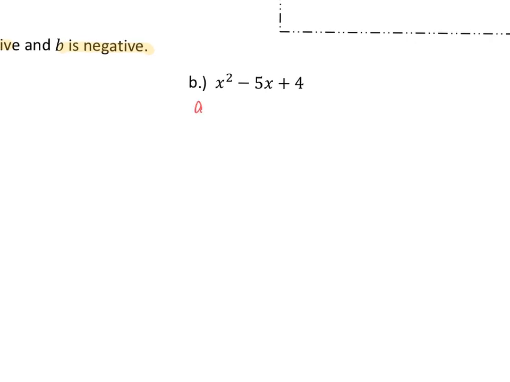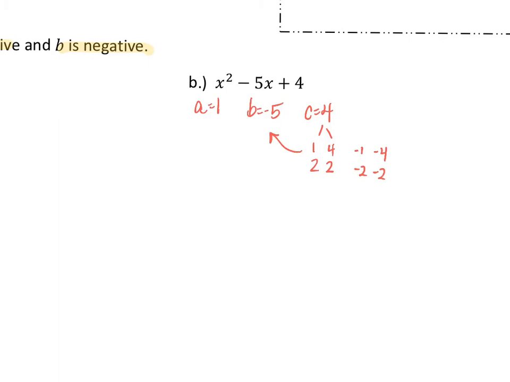So A is 1, B is negative 5, and C is 4. Factors of C: we know 1 and 4, and 2 and 2. But again, we want them to add to give a negative number, so we're going to include negative 1, negative 4, negative 2, and negative 2.